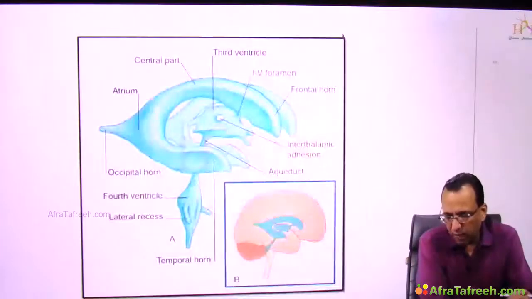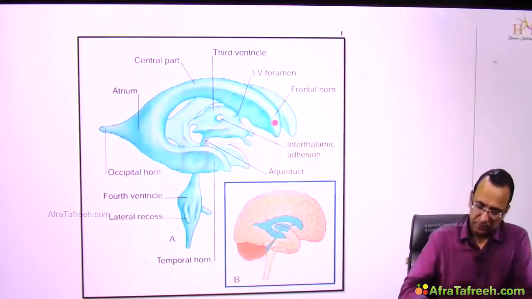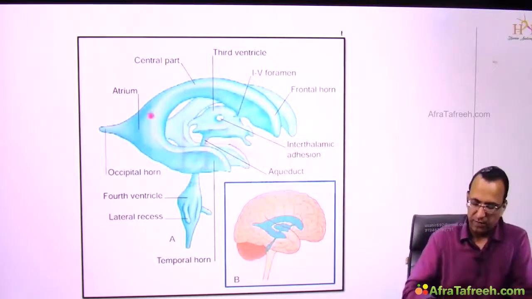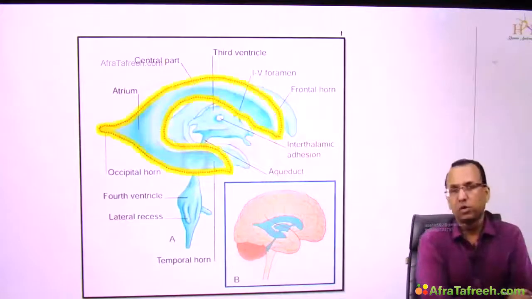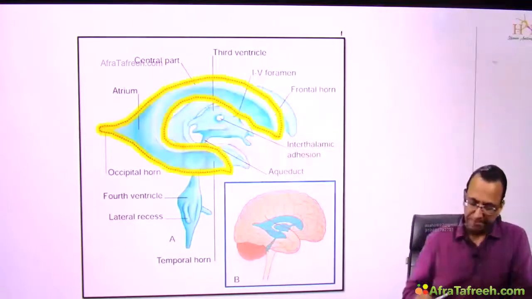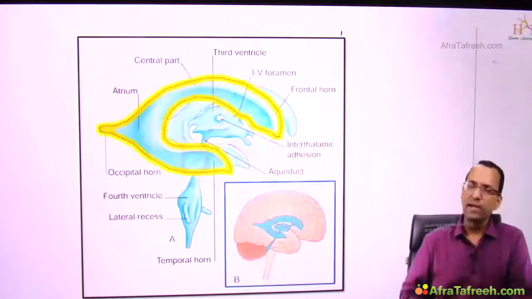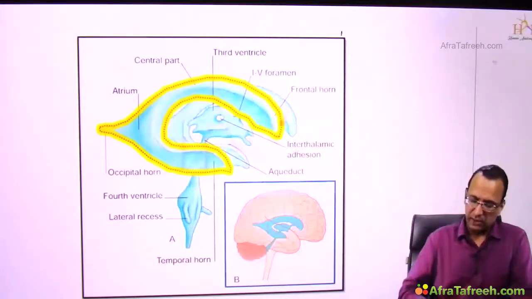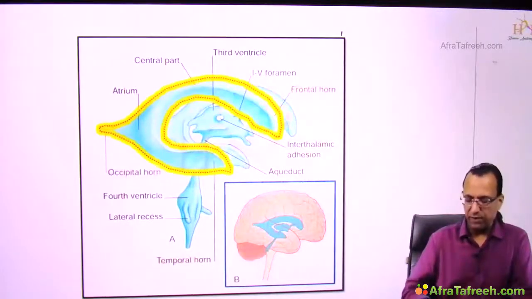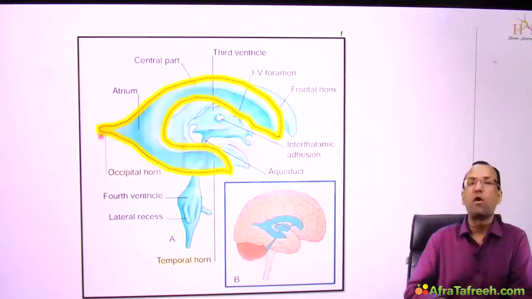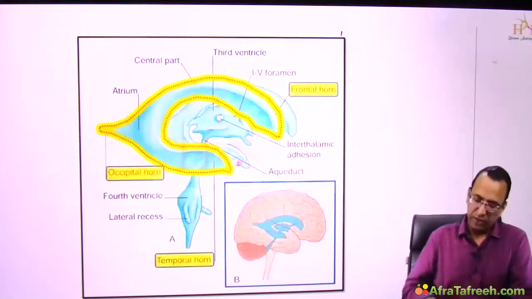Now, as we are talking about the ventricles, understand there is the C-shaped ventricle, which is the lateral ventricle, and it is now having some poles. What are the poles? You see, it is inside the cerebrum, so accordingly it will have an anterior or frontal horn of the lateral ventricle, a posterior or occipital horn, and an inferior or temporal horn.